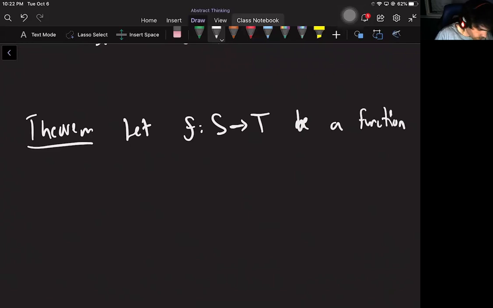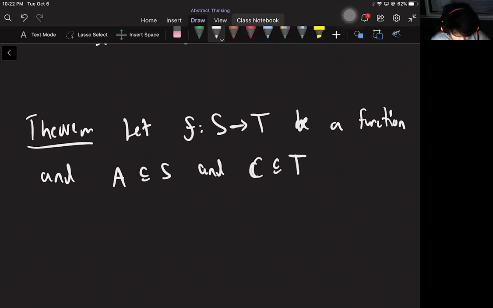Now we're going to look at what happens if you do this very weird thing. You look at an image and then you look at a preimage, back and forth. So what we need is a couple of subsets. And then we want to compare these two things.